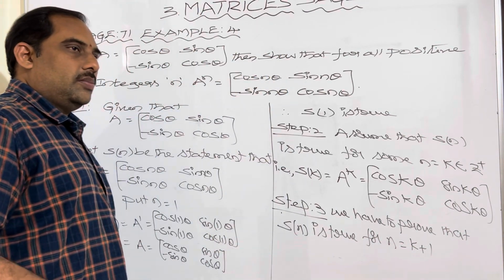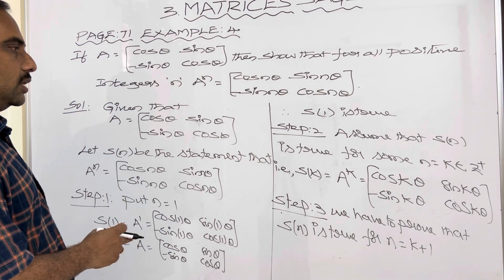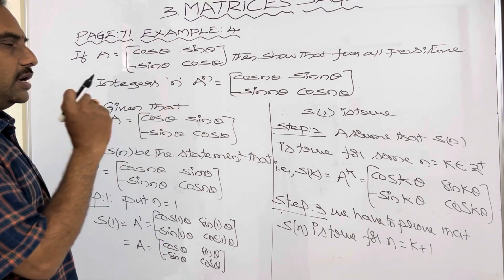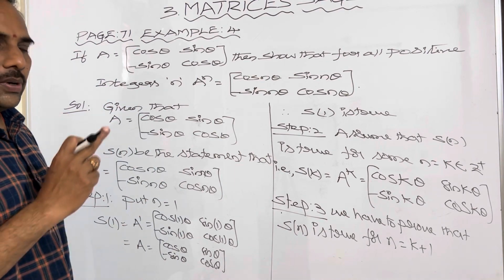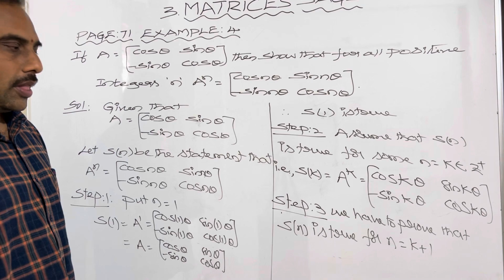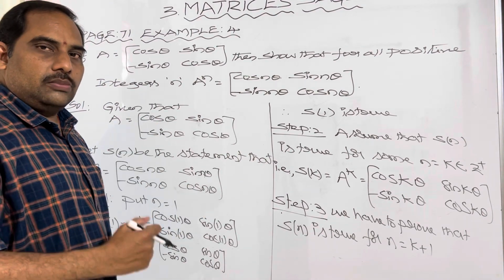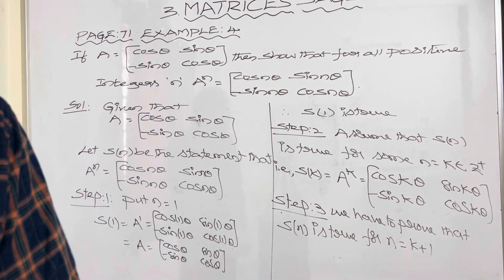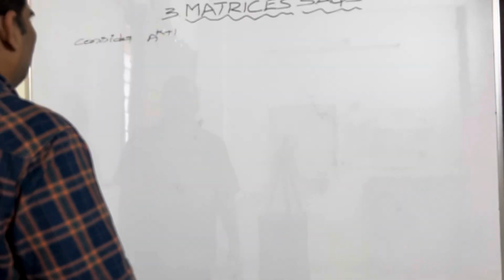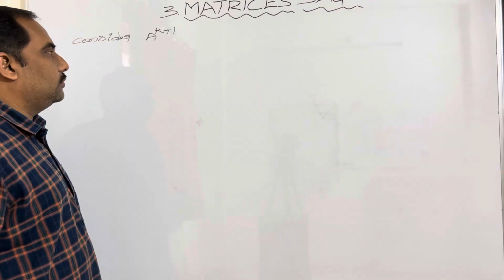See, what mathematical induction says: in step 1 we prove it is true for n is equal to 1. In step 2 we assume that the statement is true for n is equal to k, and in step 3 we have to prove that the same statement S of n is also true for n is equal to k plus 1.